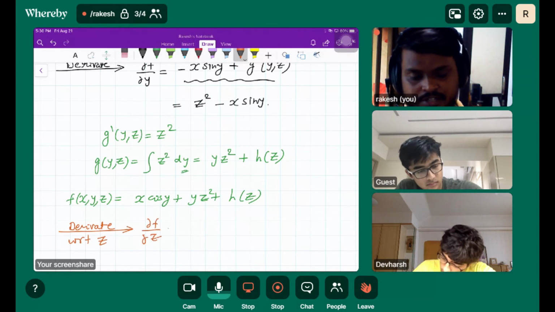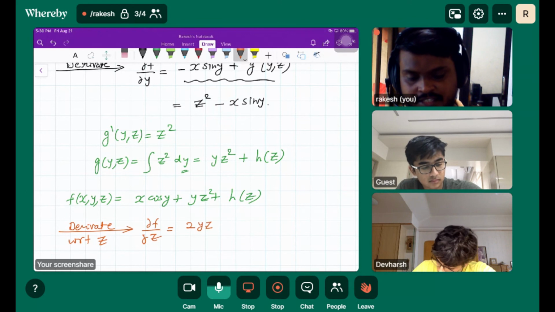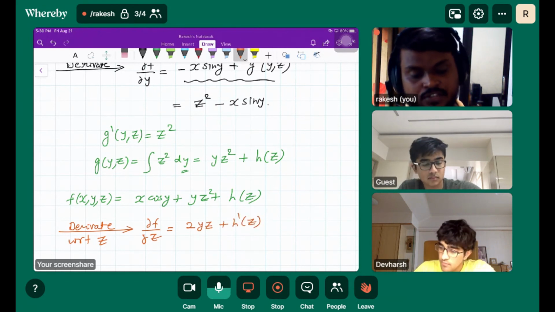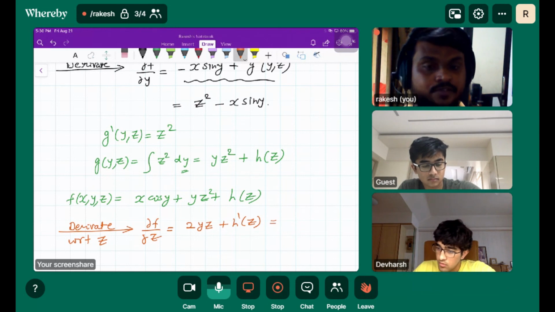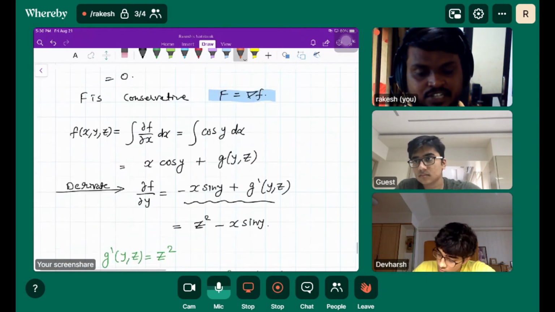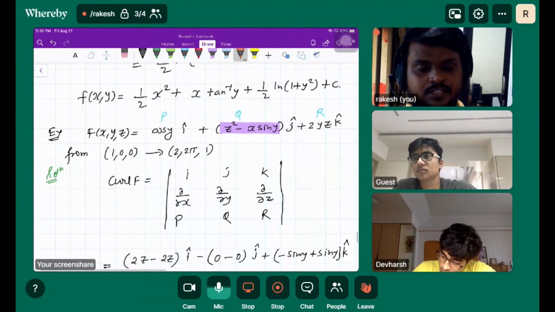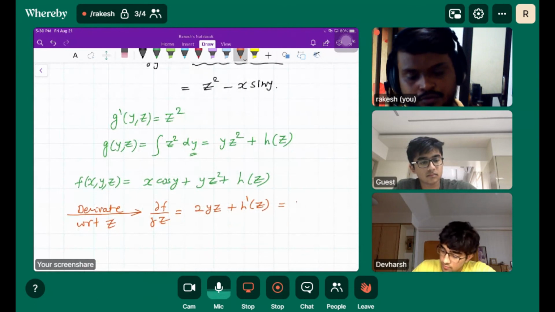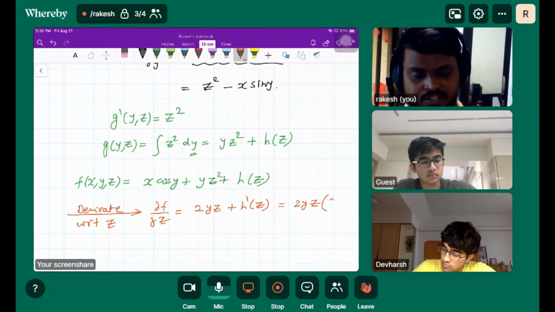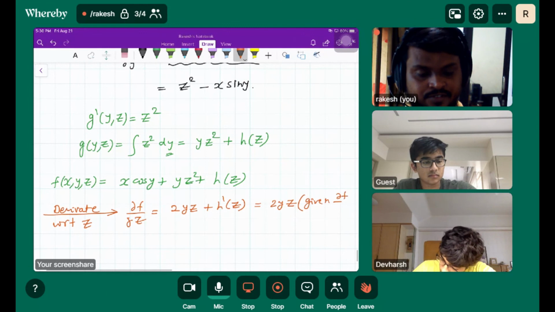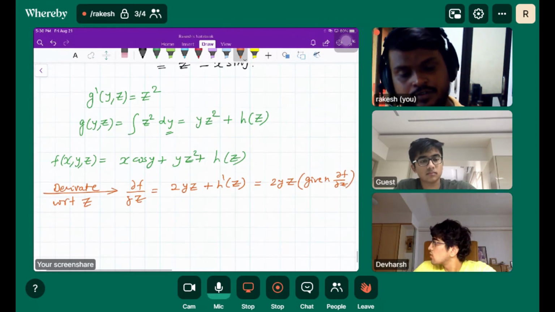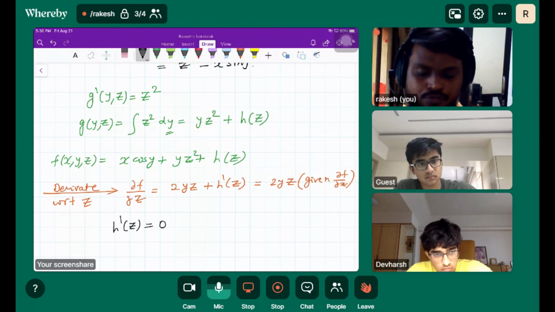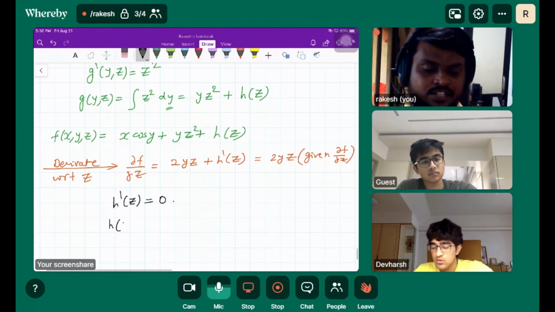So that will be 2yz plus h dash z, and we will equate this to the given partial derivative of f with respect to z, and the given partial derivative of f with respect to z is 2yz, right? So 2yz, this is the given partial derivative. So when we equate them, we get h dash z is equal to 0. It means h of z is equal to some constant.